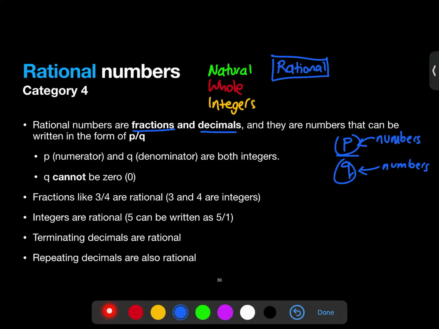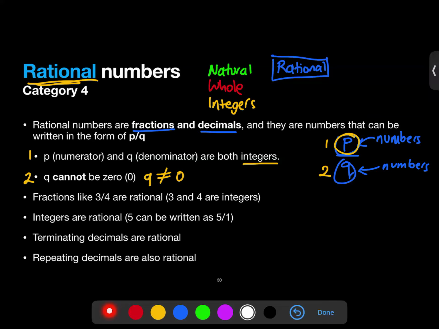So there are 2 requirements to have a rational number. The first one is that the 2 numbers in our fraction both have to be integers. And the second requirement is that Q cannot be 0. So P can be 0, the top number can be 0, but the bottom number cannot.